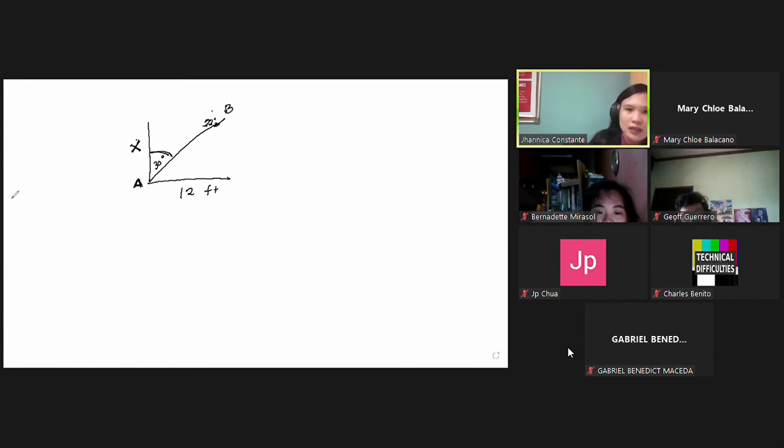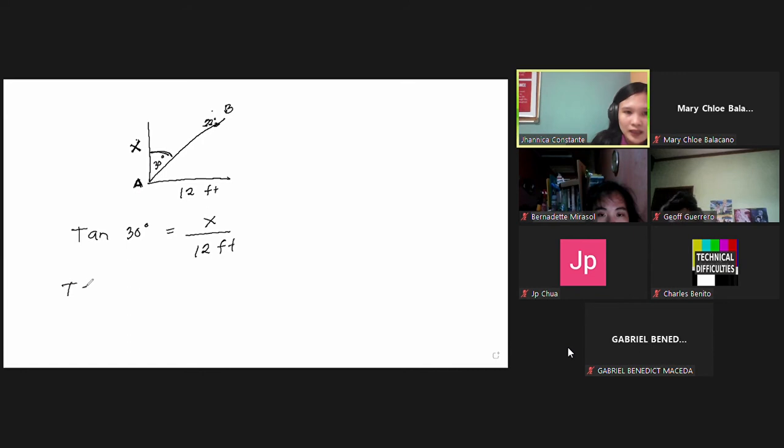Let's use the angle of elevation. So tan 30 degrees, the opposite side is x and the adjacent side is 12 feet.